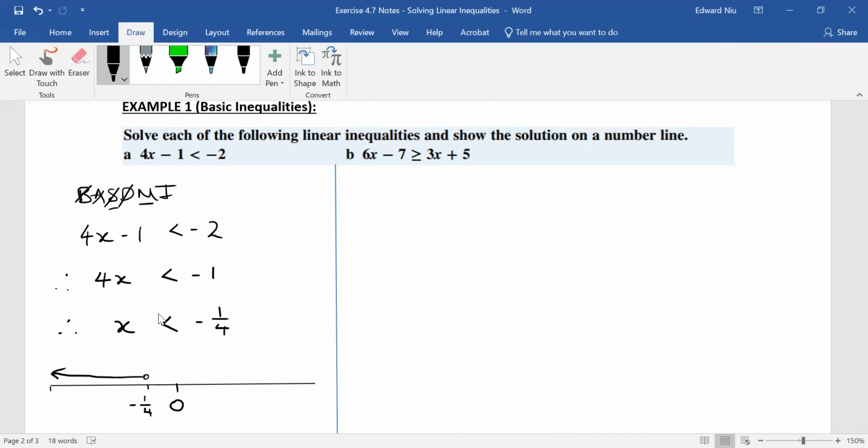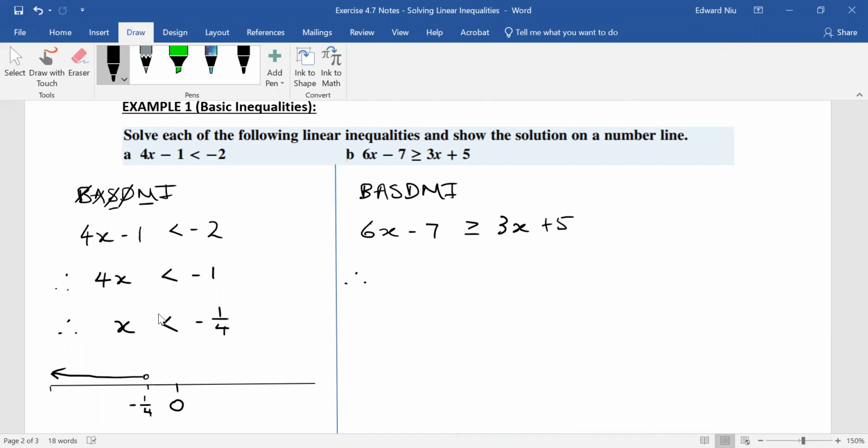All right, for the next one, in B, we use our acronym again to eliminate the inequalities and get x by itself. So if we have 6x take 7 is greater than or equal to 3x plus 5, before we get into the acronym, we need x to be on one side of the inequality sign for this process to begin.